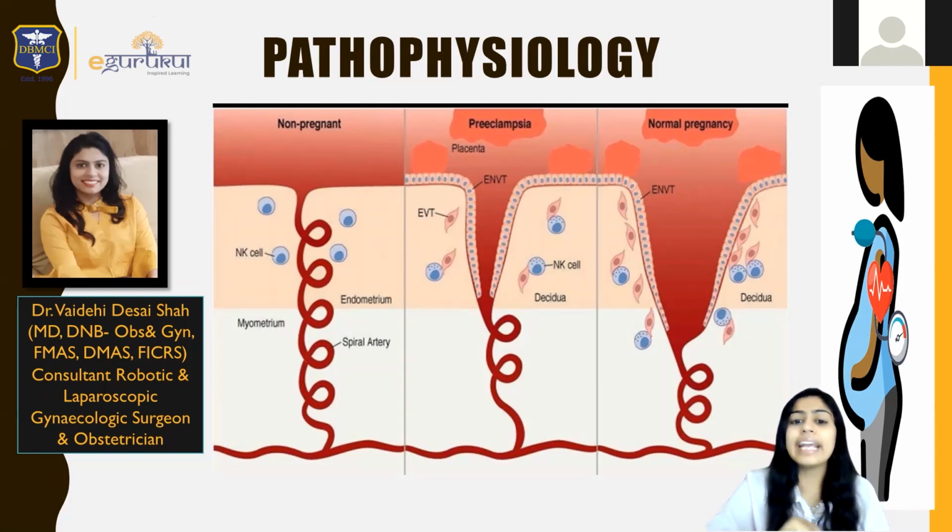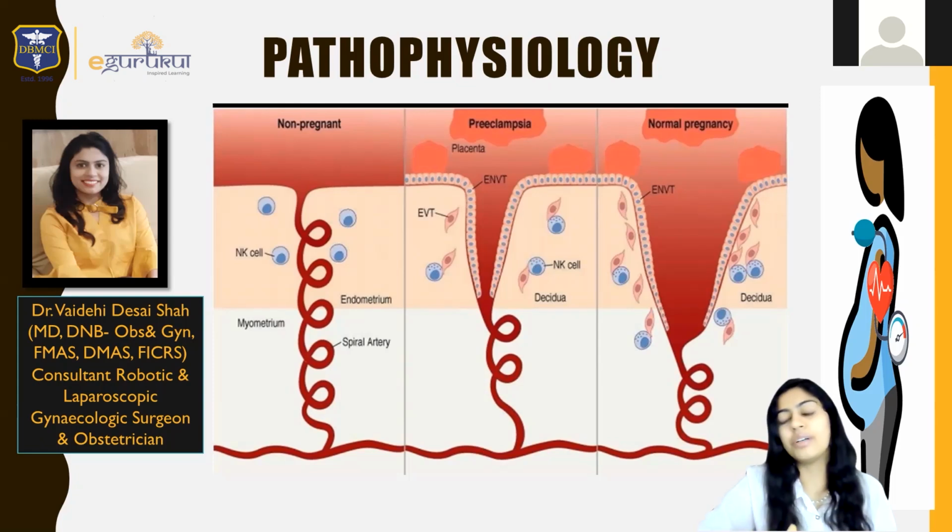But in case of preeclampsia, this placentation and invasion of spiral arterioles is defective. It is not complete. There is incomplete invasion of spiral arterioles, which keeps this still a high resistance, low caliber vessel compared to normal pregnancy. Because of this, there is a high resistance to blood flow and less blood going to the fetus.